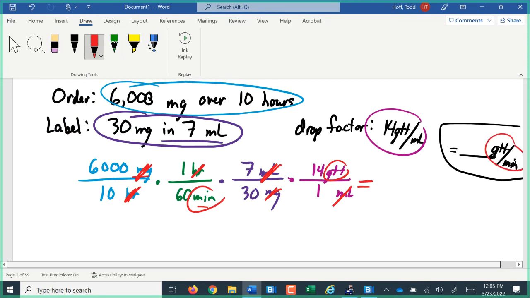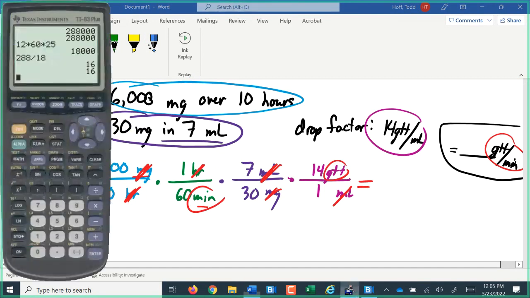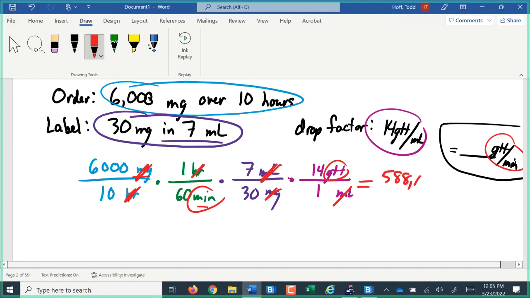So on top, we have 6,000 times 1 times 7 times 14 drops. 588,000 drops. If you were counting, by the way, that 588,000 drops would actually be the total number of drops administered over the whole 10 hours.